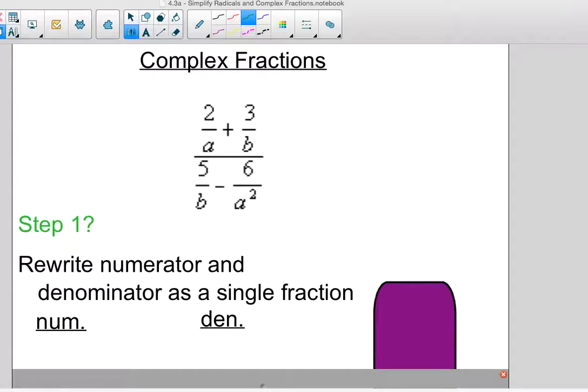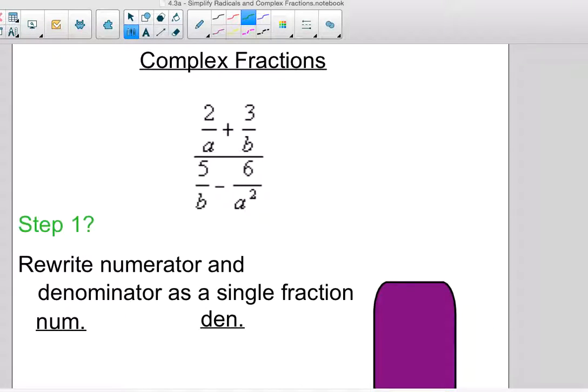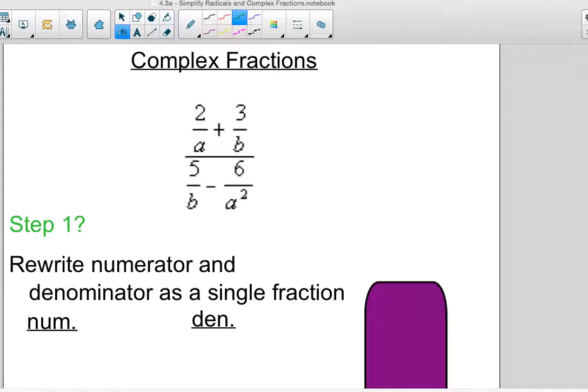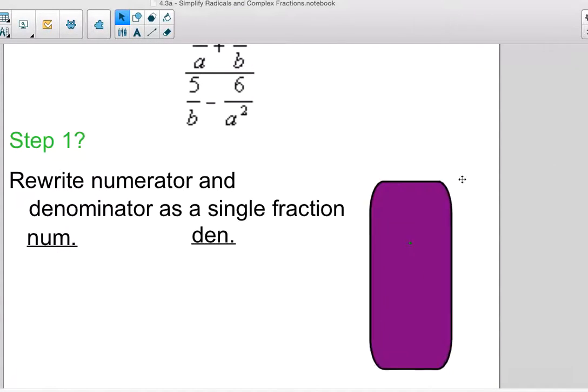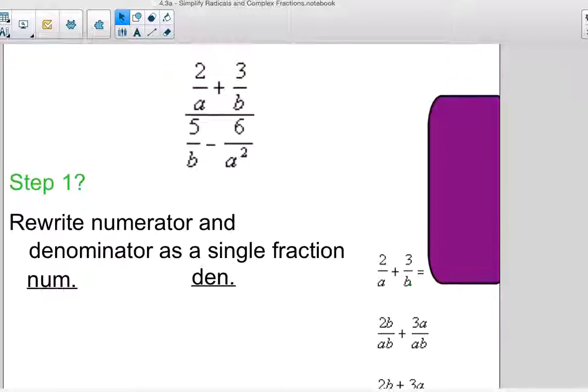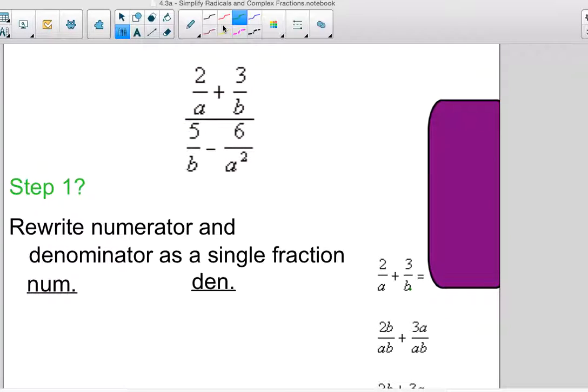So what I'm going to do, this part will show it over here, is this is just the numerator, but if I multiply the numerator, I can multiply the left side by b over b, and the right side by a over a.